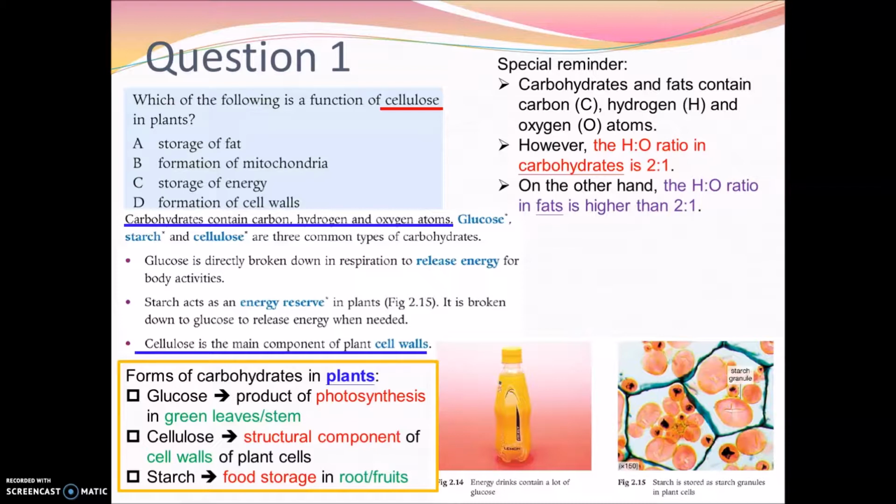And also, when plants are growing, for example in winter, all the leaves fall. So the plants still need food. How can they extract the food? They extract the food from the root. So that's something I would like to talk about in question 1.